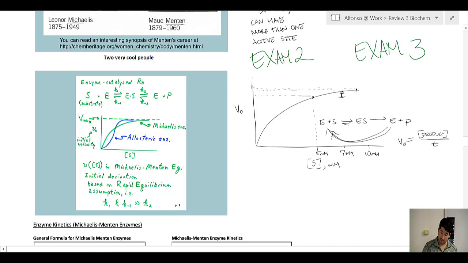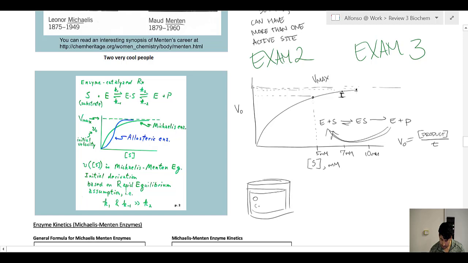So as you can see, as we increase the amount of substrate, we are saturating the enzymes with substrate, which is forcing us to reach this value right here called Vmax. Vmax is at the very top of the hyperbola. What's happening is we have a beaker, and this beaker is full of enzymes.